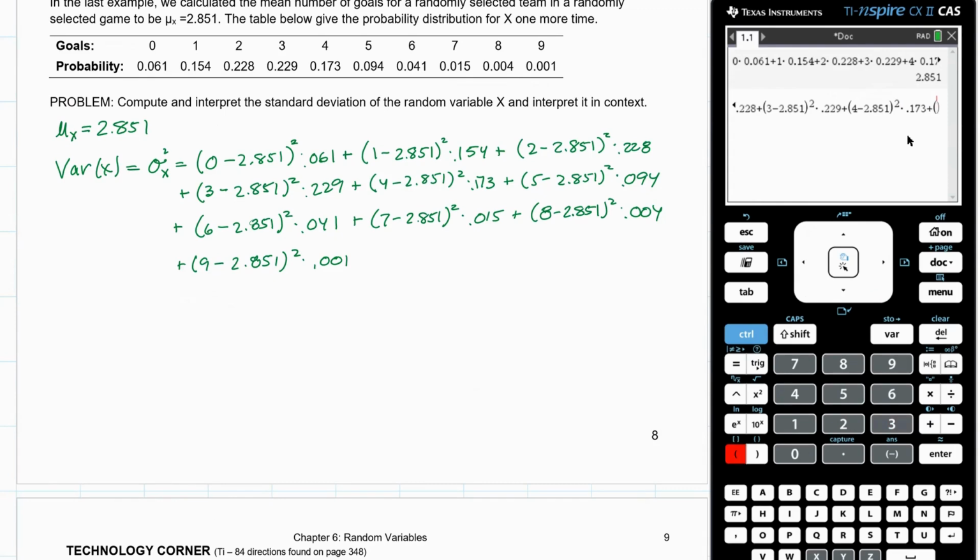Okay, on to 5. Square that. Oops, too many squares. There we go, corrected that. And this is the probability of 5. And let's do 6. Multiply by the probability of 6. 7.